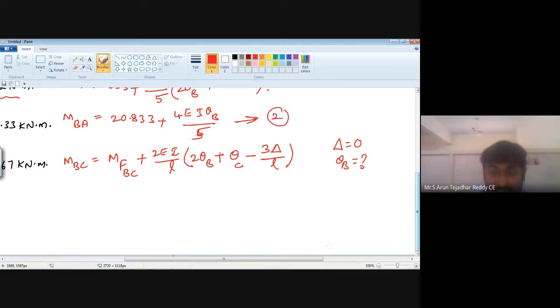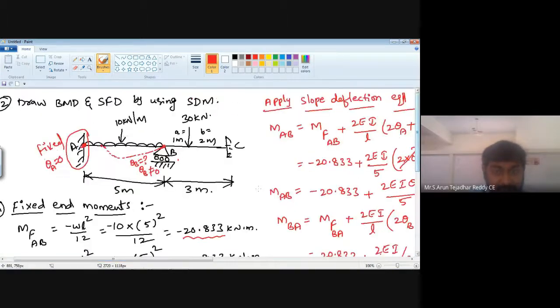But what about theta C here? Now the span is the BC span.